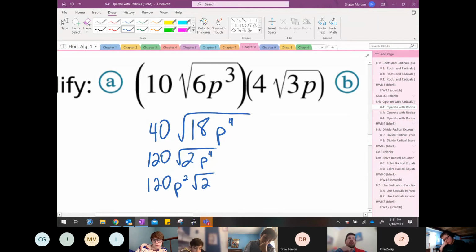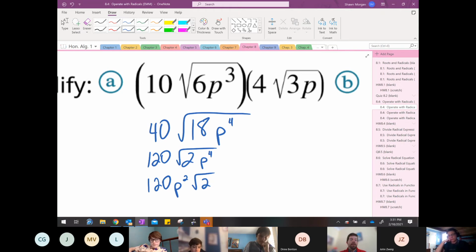Now here's the question. Do we need absolute value at all? Yes, no, maybe? Give me a thumbs up if you think we need absolute value. Give me a thumbs down if you think we do not need absolute value. All right, we're correct for a couple of reasons.